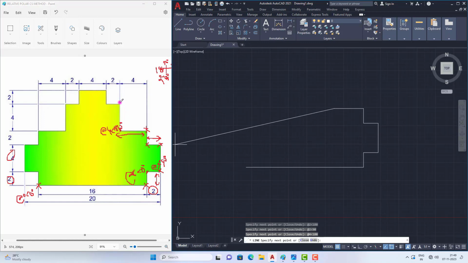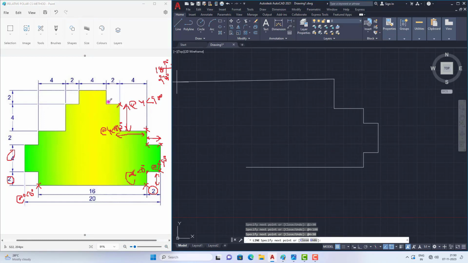Now we need to move up. From here we need to move up. The corresponding angle is 90 degree here, and the distance I need to move is 4<90 degree. So this is the coordinate value, @4<90 degree, and press enter.